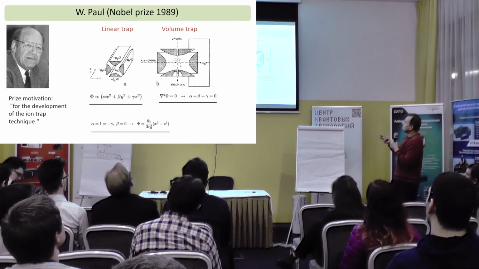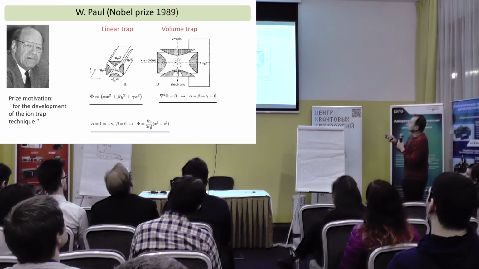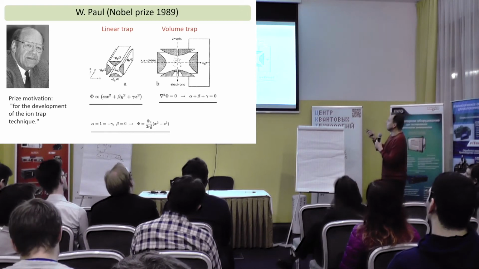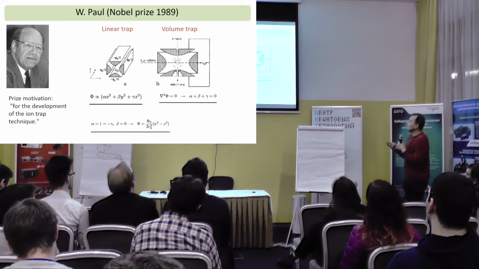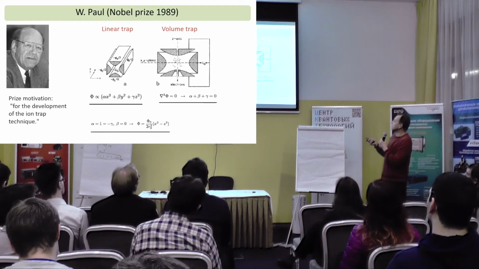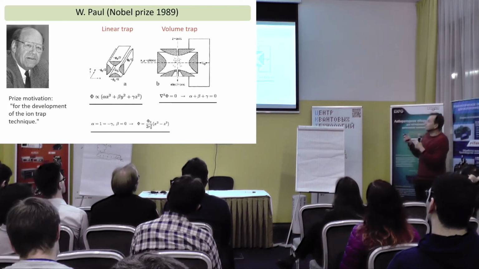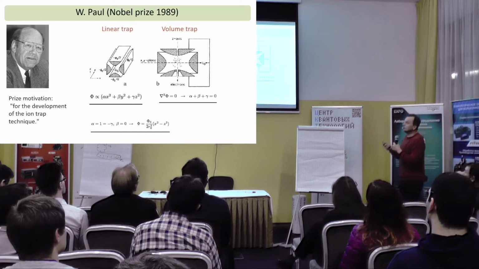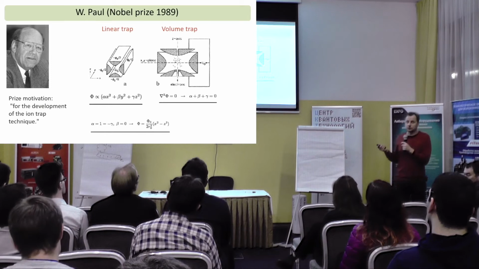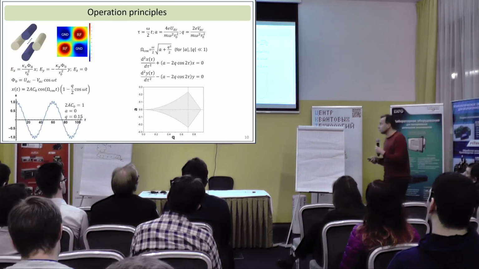Either it's a 3D or volume trap where alpha equals 1, beta equals 1, and gamma equals -2. This is the case which we will not consider in this discussion. Or you have the situation that alpha equals 1, gamma equals -1, and beta equals 0, and we end up with a linear configuration, the so-called linear Paul trap. This is the configuration which is widely used for trapping ions for our purpose.